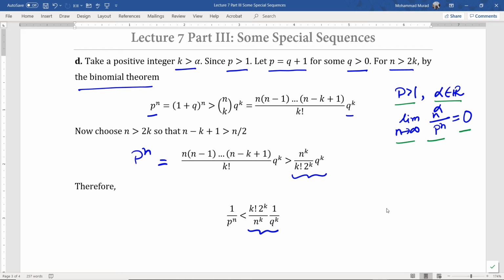Now, by multiplying by n to the alpha on both sides, we obtain this inequality. We multiplied both sides of this previous inequality by n to the alpha.